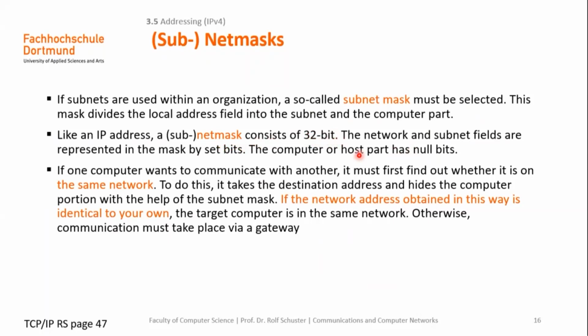If one computer, for instance, wants to communicate with another, it must first find out whether it is on the same network. To do this, it takes the destination address and hides the computer portion with the help of the subnet mask. This is accomplished using a logical operation: we perform the AND operation between the destination address and the netmask of the local network.